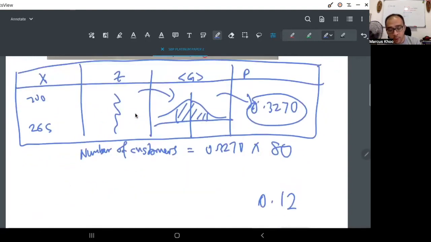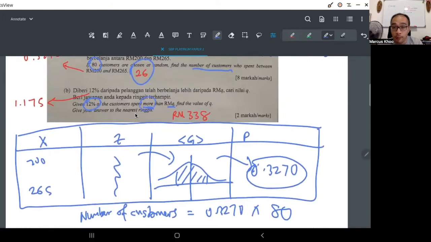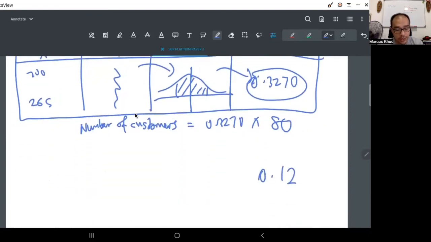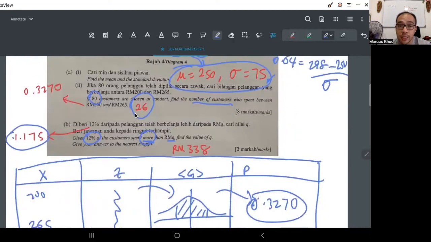And 0.12 is less than 0.5, and the question is asking for more, so your Z value will be a positive number. So you get Z equals 1.175, you convert it back using the same mean and the standard deviation that you calculated in A1. So you get the answer of about 338 ringgit.